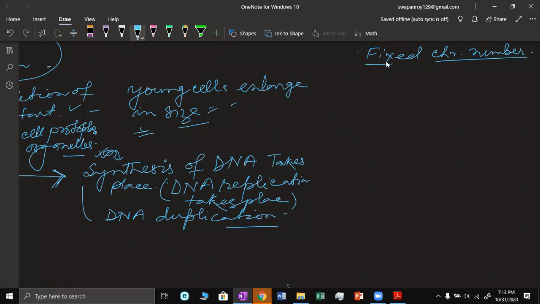Like that, a cell of a species has a fixed amount of DNA. And the content of the DNA is written with a symbol C, right?